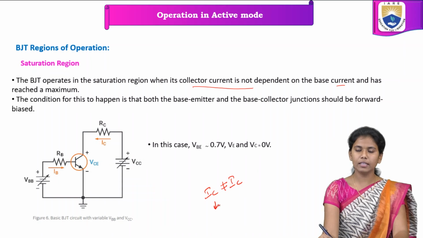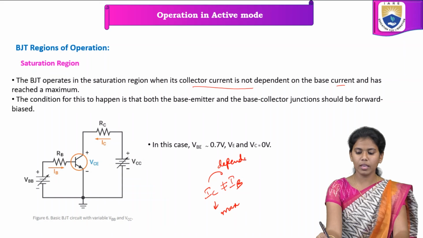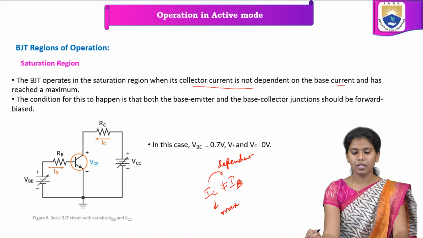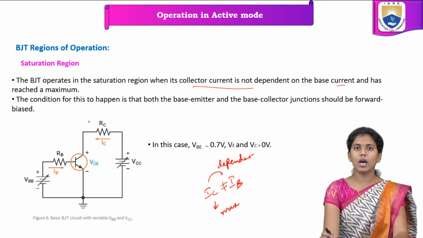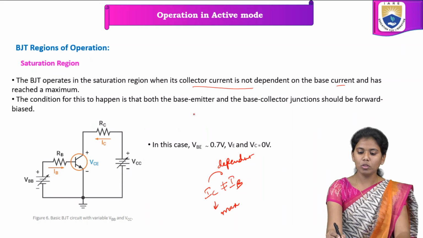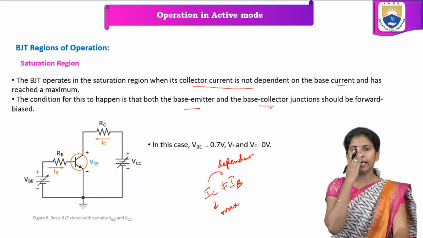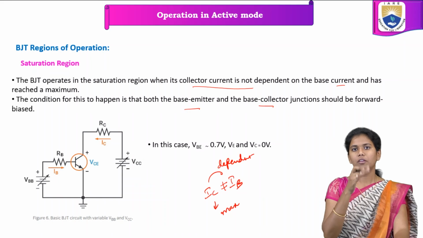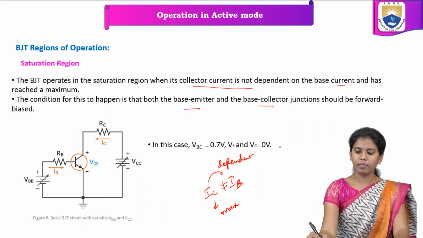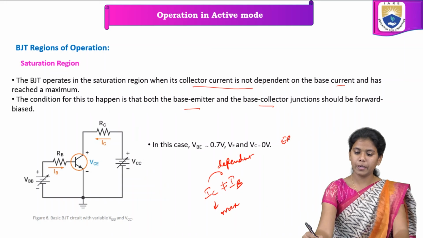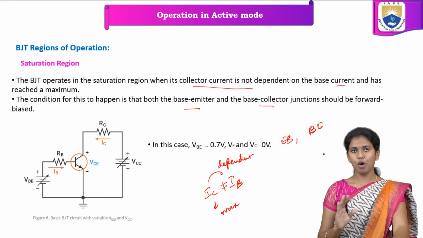The condition for this to happen is that both the base-emitter and the base-collector junctions should be forward biased. So the emitter-base EB and base-collector junctions should both be in forward bias.